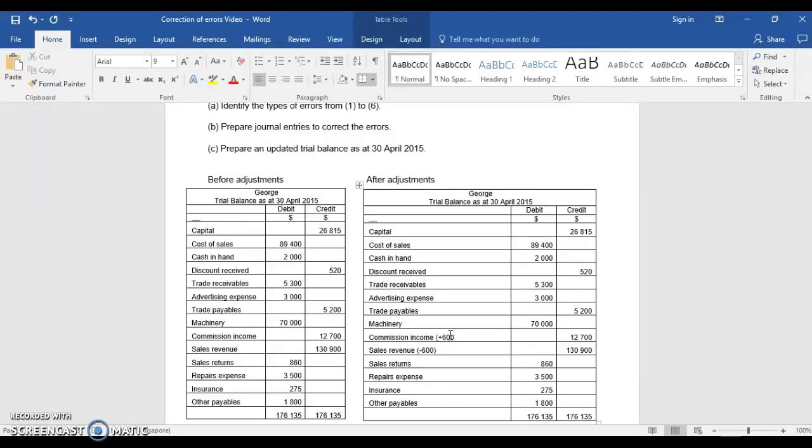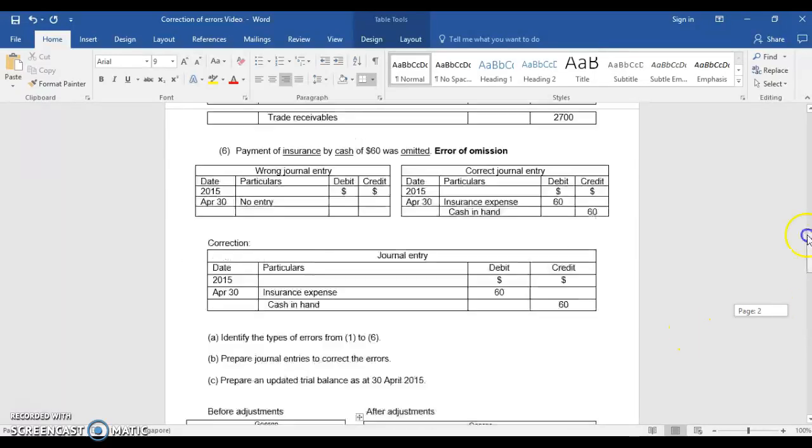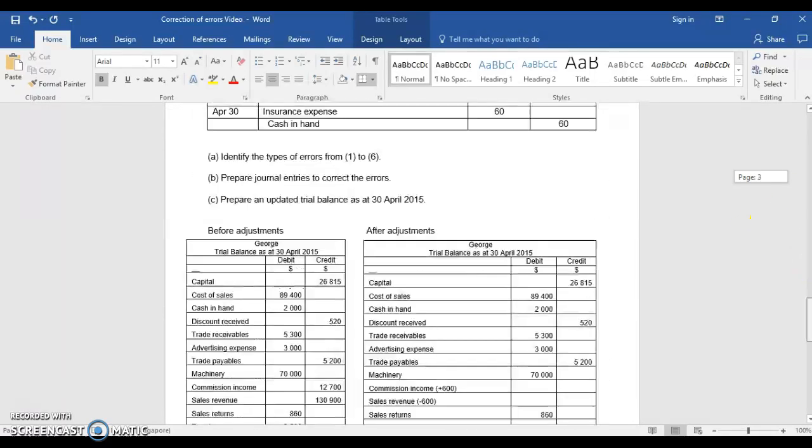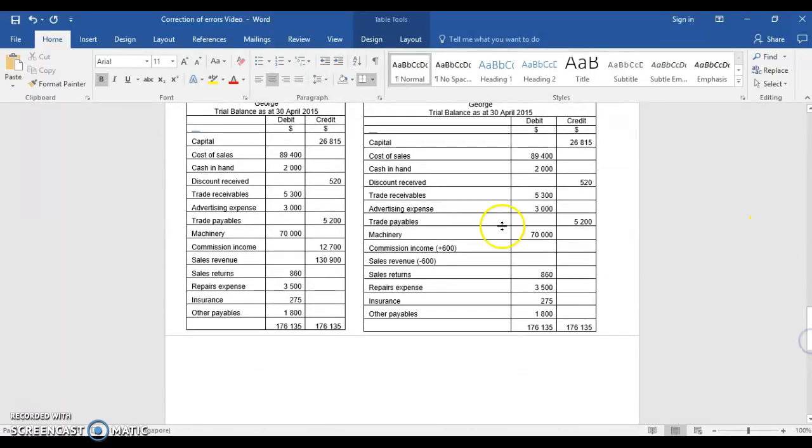Okay, I'm gonna calculate the amounts later on, but let me just delete this first to indicate that we're gonna adjust them later on. Alright, the second one, okay, we actually debited fixtures and fittings of 3,200, so this means we can add it up, whereas repairs expense, we credited it, so we have to minus it away. So fixtures and fittings and repairs expense.